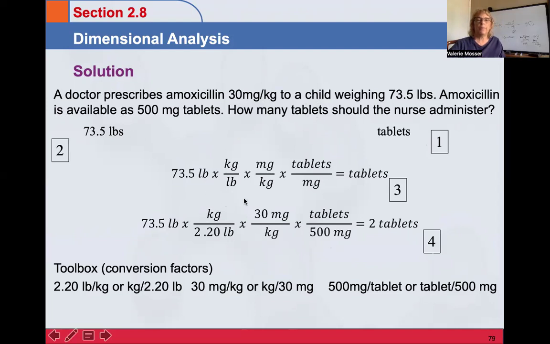We have to convert the pounds into kilograms so that we can calculate the dosage, and then finally the number of tablets. We convert our pounds into kilograms, then we use the dosage to figure out the number of tablets. 73.5 divided by 2.2 equals times 30 equals divided by 500 gives us the answer of 2 tablets.